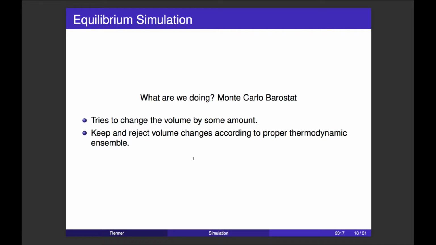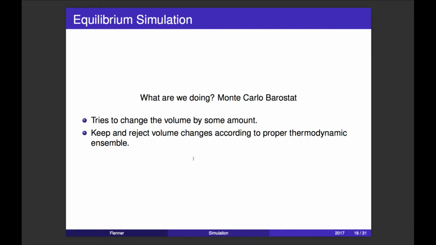What it actually does is it tries to change the volume by a certain amount. Just a random volume change. There's a maximum change. And then it asks itself, is this volume change consistent with this ensemble? And it keeps and rejects the volume changes to make sure that the distribution of volumes is consistent with your ensemble.